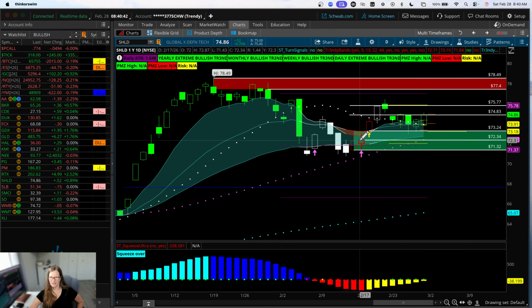If you want to scale into this thing, see that gap fill right there? That's lined up with your daily 50. So going long at the beginning or the top half of this zone, adding to full allocation at the bottom half, and set a stop near 71.32. All right.